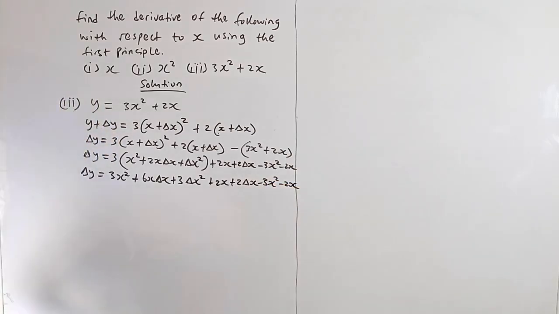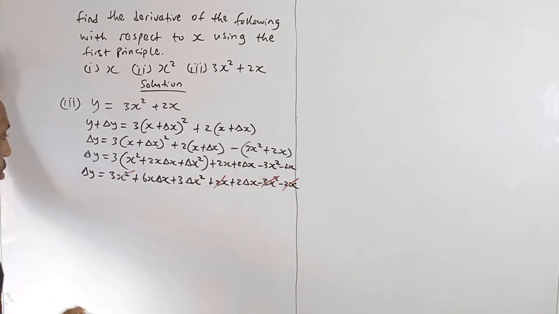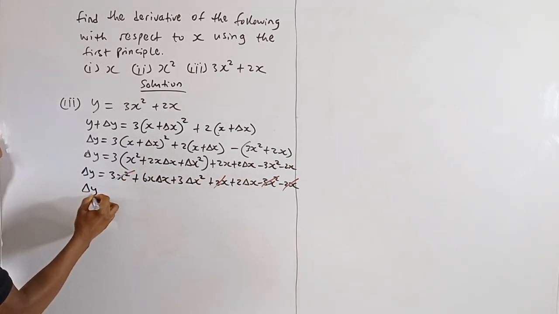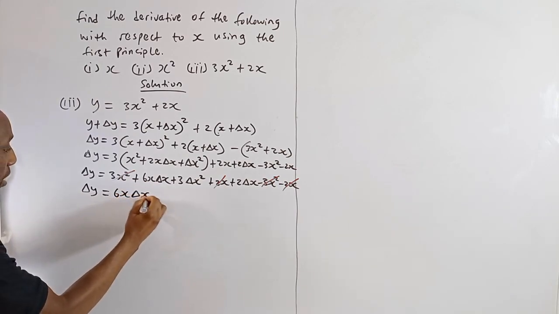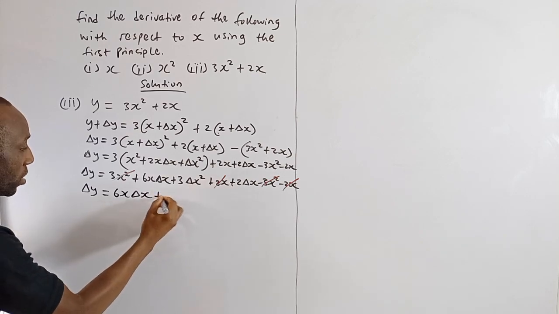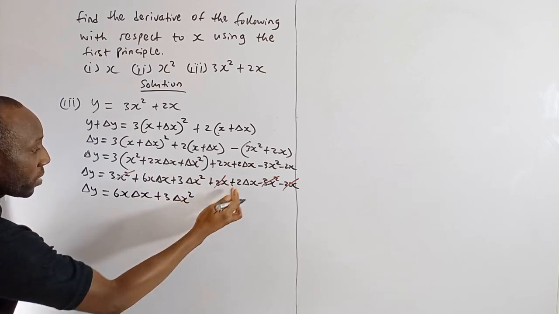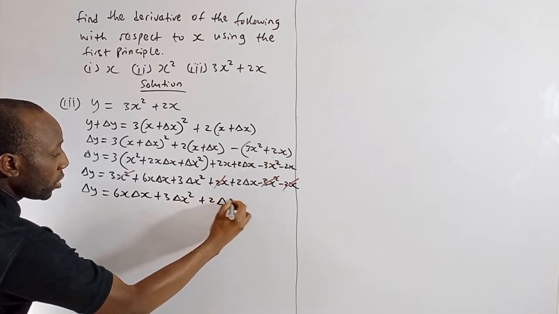Let's cancel out. So 2x cancels minus 2x. Minus 3x squared cancels 3x squared. So I now have change in y is equal to 6x change in x, then plus 3 change in x squared, and what's this? Plus 2 change in x.